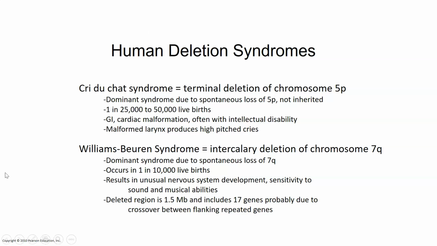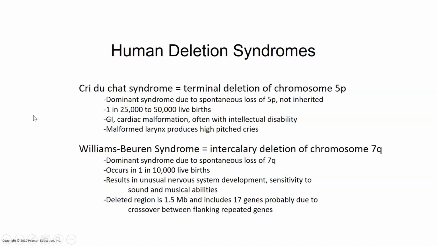There are a number of abnormalities, including the gastrointestinal system, cardiac malformation, and it usually occurs with intellectual disability. The syndrome is named for the malformation of the larynx, which in newborn babies with the syndrome produces a very high-pitched cry, sounding like the high-pitched meow of a cat.